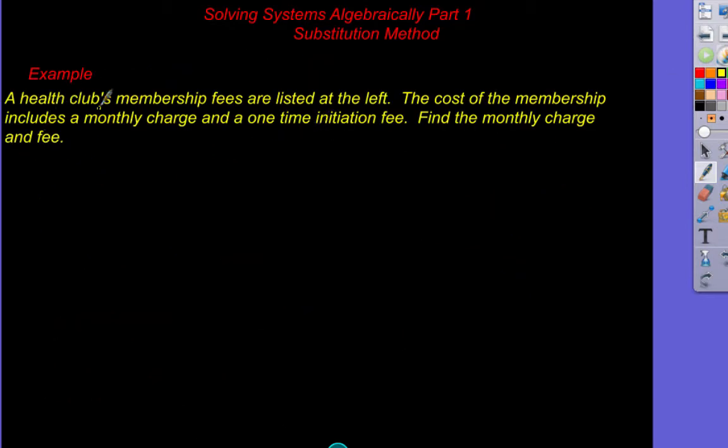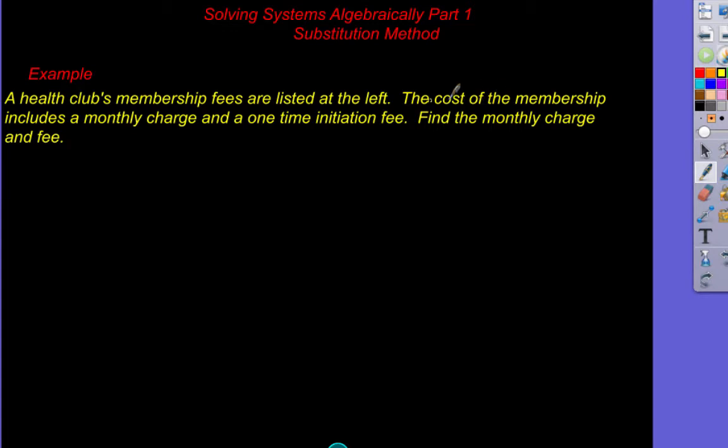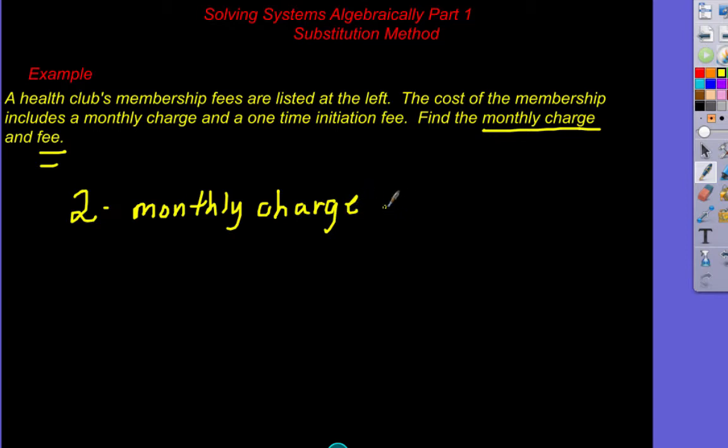Now, in this example, a health club's membership fees are listed to the left. The cost of the membership includes a monthly charge and a one-time initiation fee. Find the monthly charge and the fee. So we know that for 2 months, we're going to have 2 times the monthly charge, plus the initiation fee, IF, and that's going to be equal to what they charge.